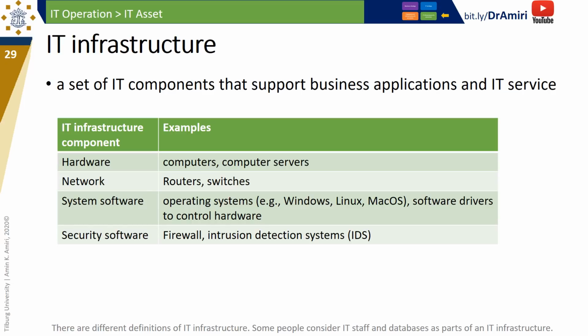Examples are hardware, network, system software, and security software. Hardware like computers and computer servers, network components like routers and network switches, system software like operating systems and software drivers to control those hardware components, and security software applications like firewalls, intrusion detection systems, and so on. We call all these IT components IT infrastructure.